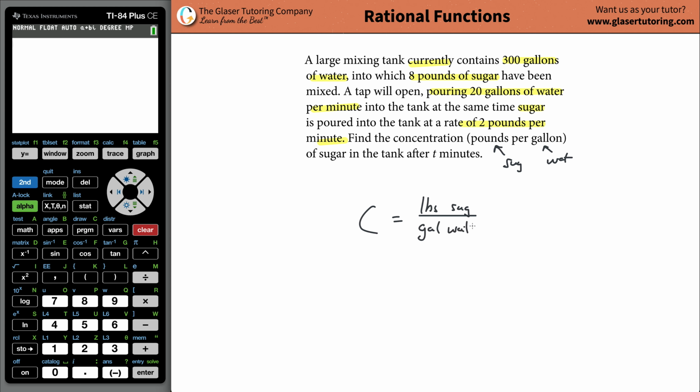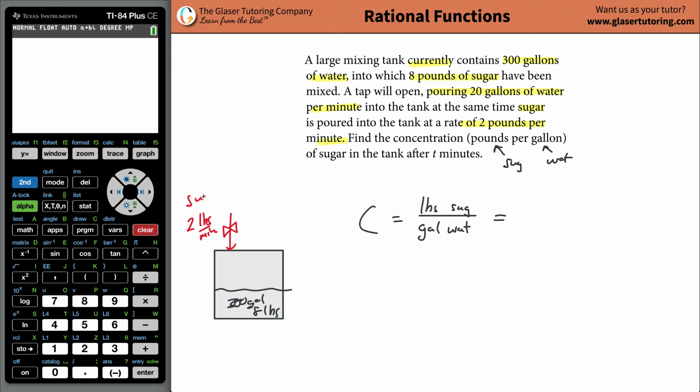Now, initially what's happening here is we have a tank, and we have 300 gallons of water in the tank. And there's going to be 8 pounds of sugar in that tank. What's going to happen is we're going to be placing into this tank, through some kind of a faucet, 2 pounds of sugar per minute.